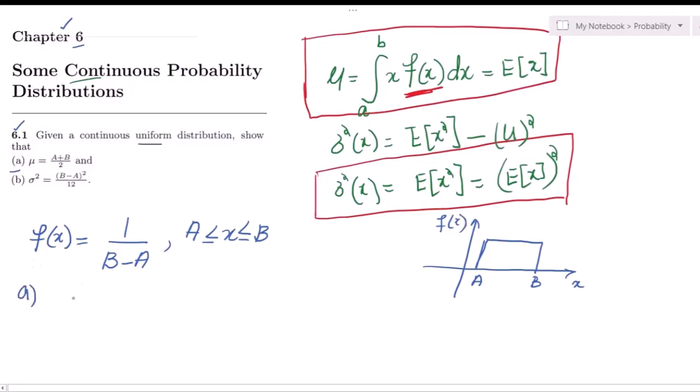Now let me solve part A of my question. This is mu, and using the limits mentioned here, from a to b of x, and the value of f of x is 1 over b minus a dx. This 1 over b minus a is a constant term, so it will be outside, and the remaining integral is x dx.